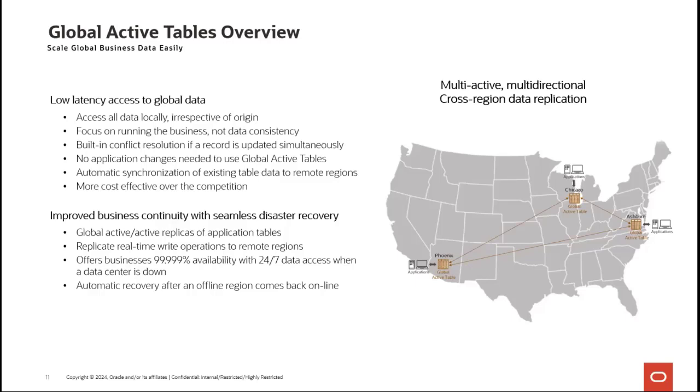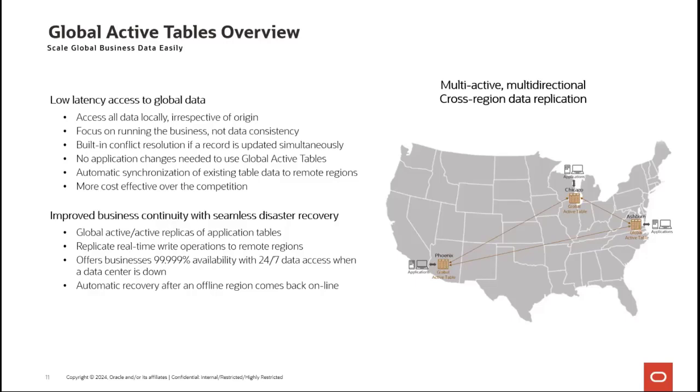We already talked about the built-in conflict resolution. We talked about not having to make application changes to use global active tables. We talked about the synchronization. Compared to our competition, and typically when it comes to the cloud, our competition is essentially DynamoDB.